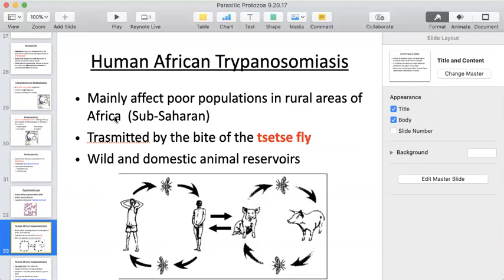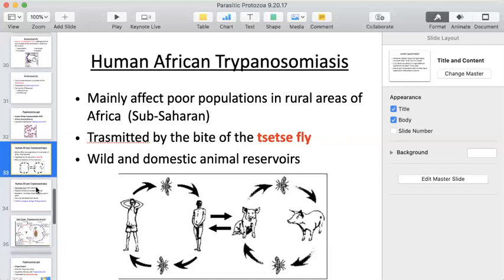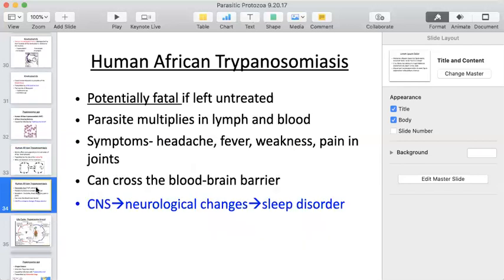There are different reservoirs for this pathogen. Wild and domestic animals can serve as reservoir hosts before it is transmitted to the human. Sleeping sickness is definitely serious because it can be potentially fatal if left untreated.